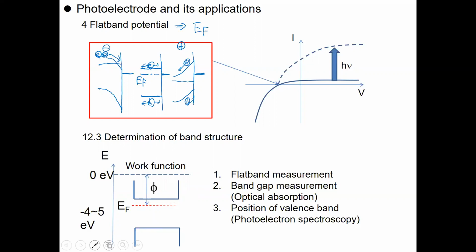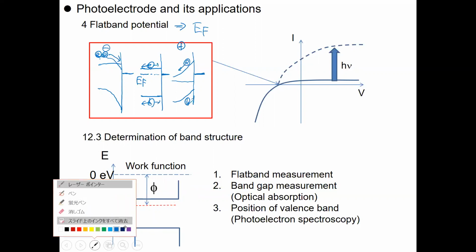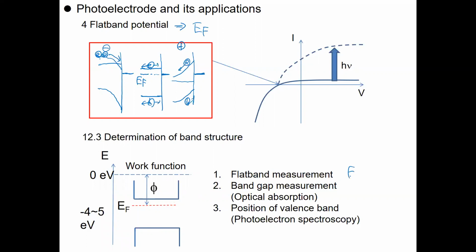By using the flat band potential, you could understand the Fermi level. And by using the optical method, for example, UV visible absorption spectrum, you could understand this gap because light absorption measures the energy difference between the valence band and the conduction band. So this gives the band gap.